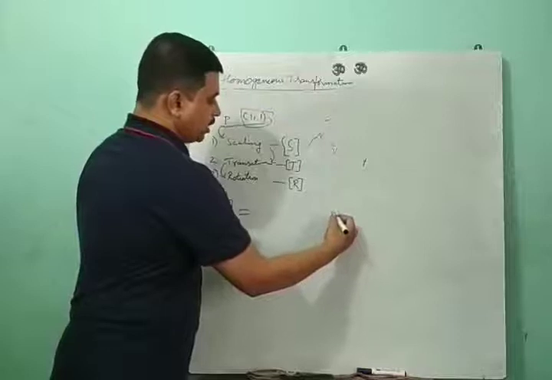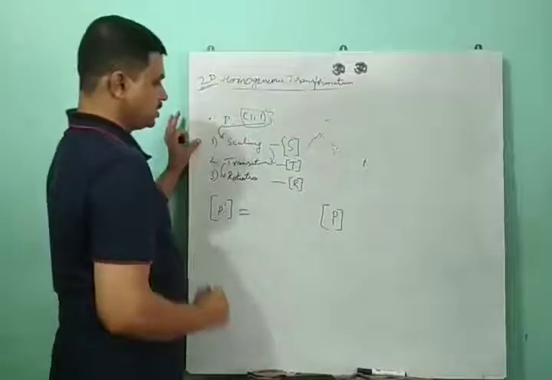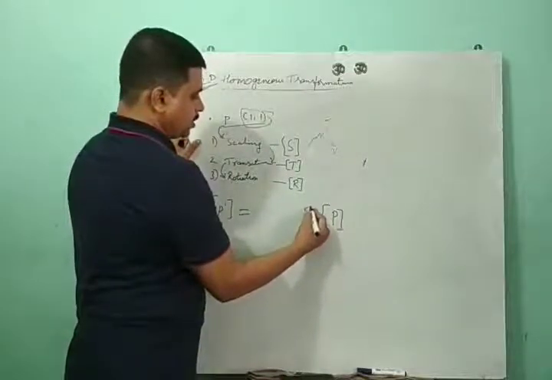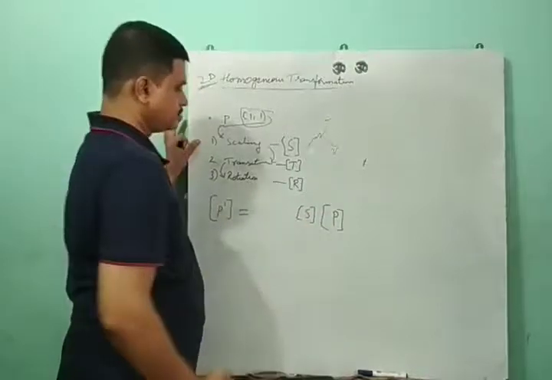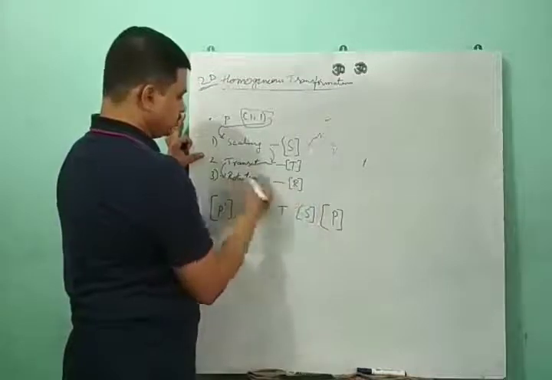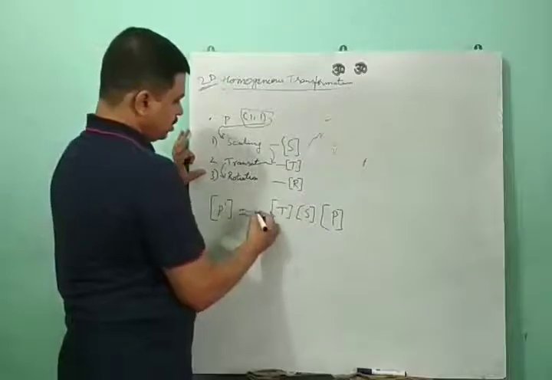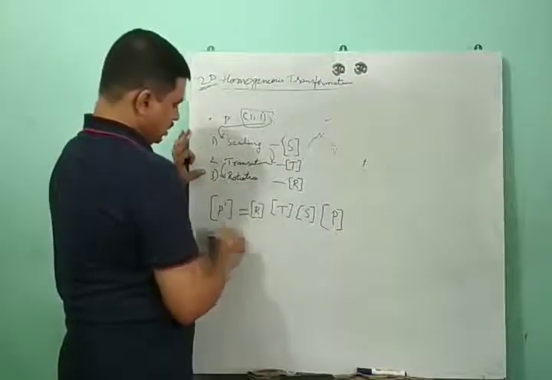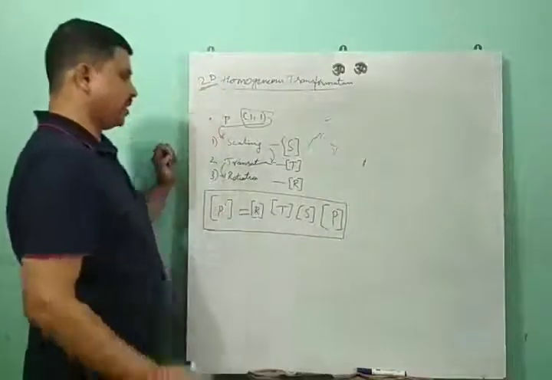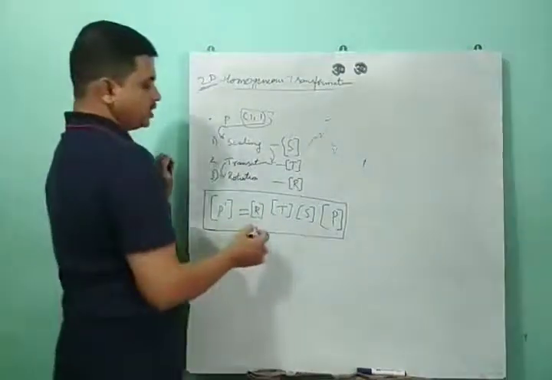For the initial point P, we do the first operation, scaling S, applied to P, then the second operation translation T, then the third operation rotation R. So this is the generalized form for concatenation of operations where we combine different transformations.